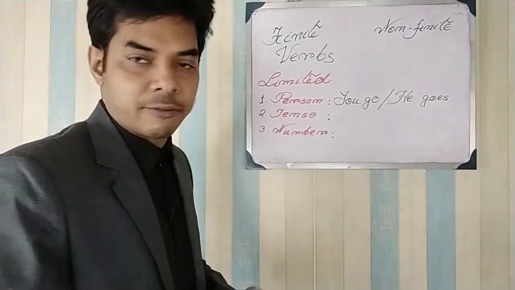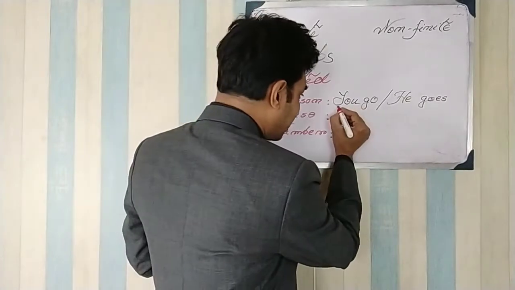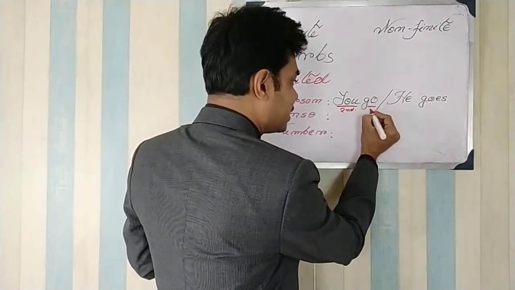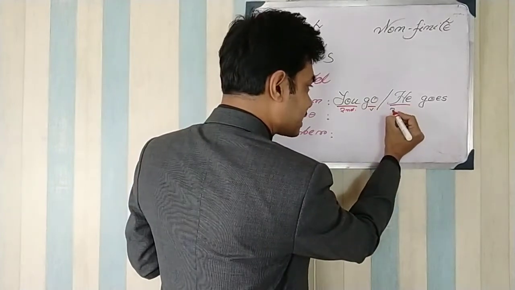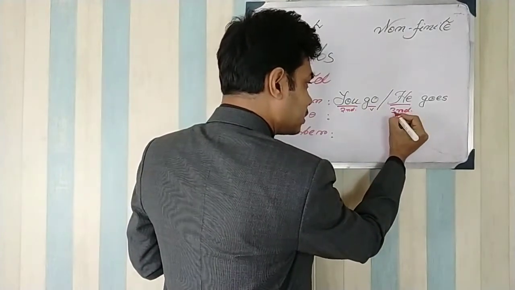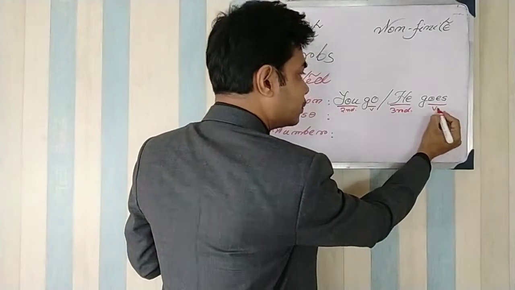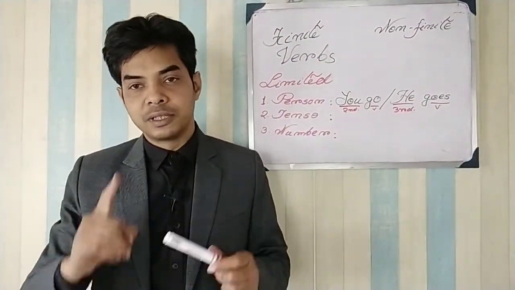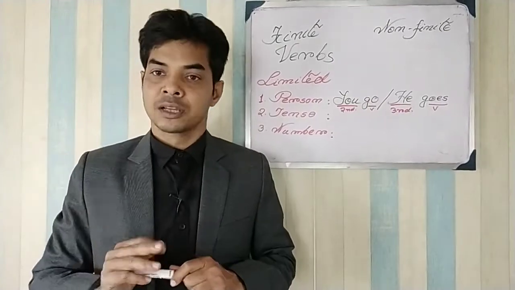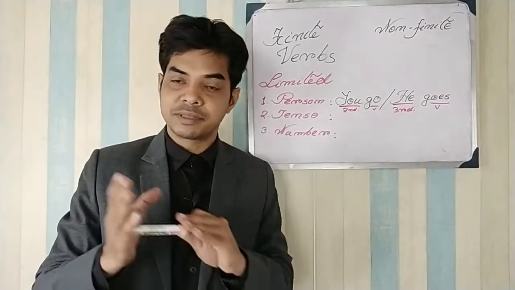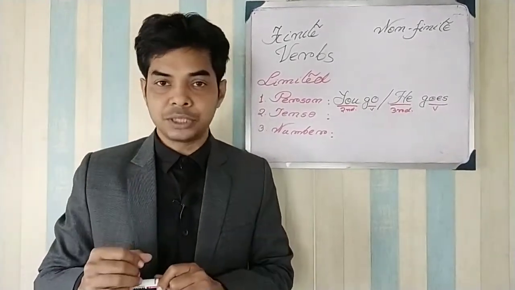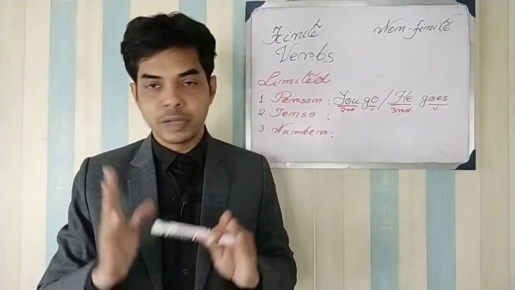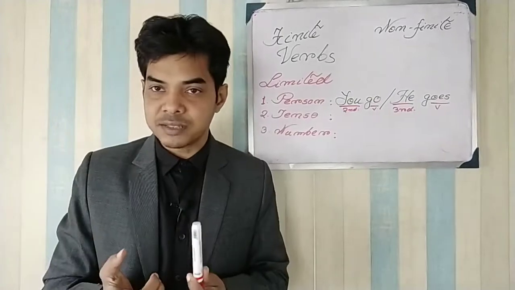It's not very tough. When we consider this second person, the verb is go. When it gets third person, the verb becomes goes. So with the change of person, the form of the verb gets changed. So when the form of the verb gets changed with the change of the person, we consider it as finite verb. So we have found out how person limits this verb.